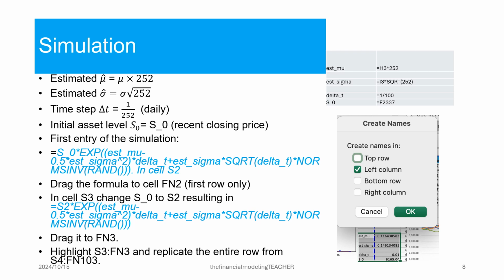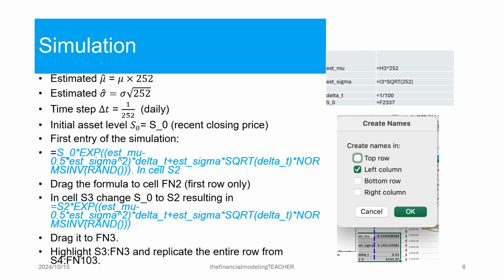We can copy everything from row 1, but then in cell S2, we change just the S0 part to become S2. And from there, we can now drag it across as our second row. In other words, we drag it to FN3.